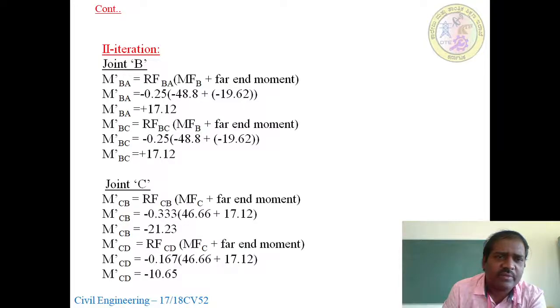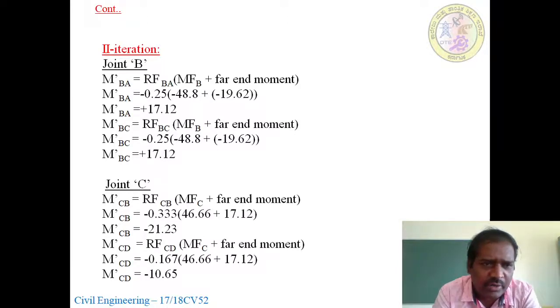The rotational factor of BC, MFB plus far end moment, minus 0.25 minus 48.8, again the same far end moment 19.6. The M dash BC will be 17.12. See here, M dash BC 17.12 is the far end for joint C.